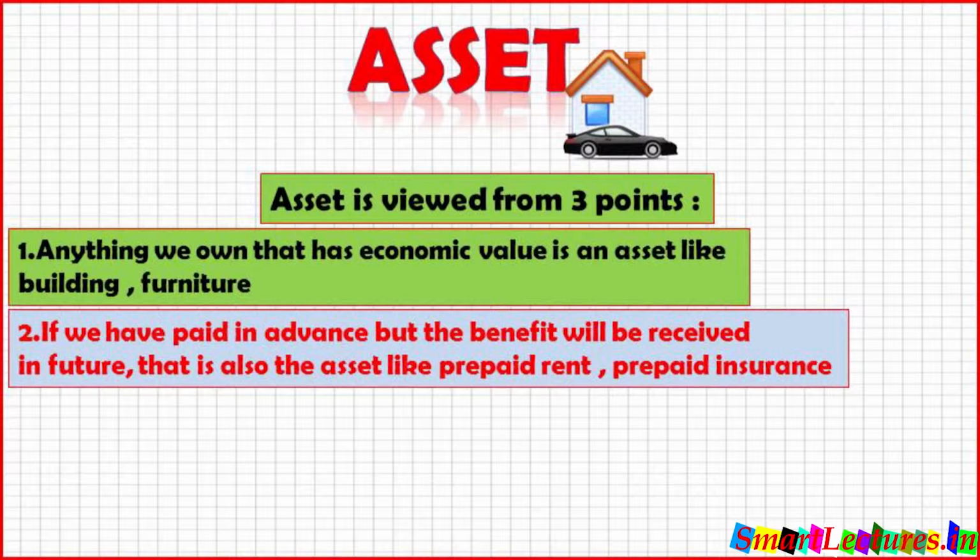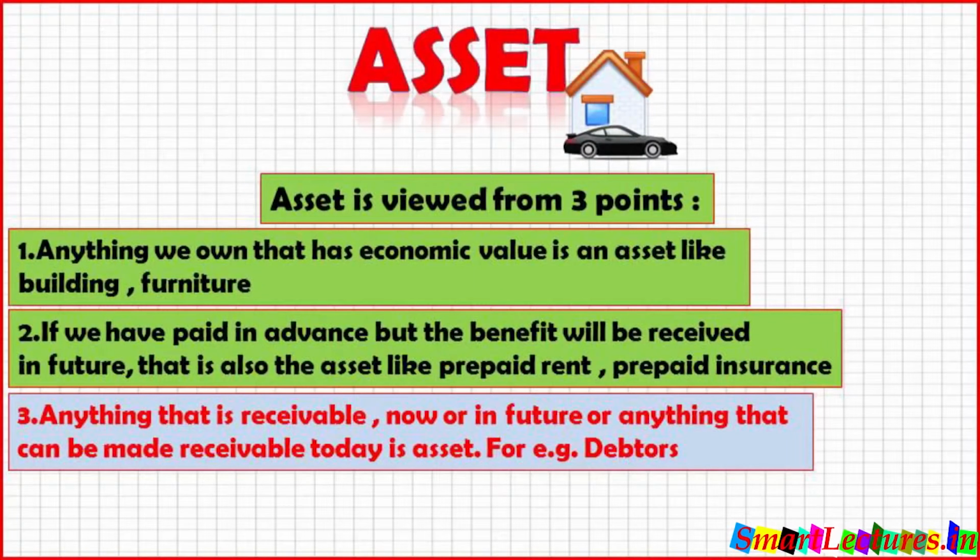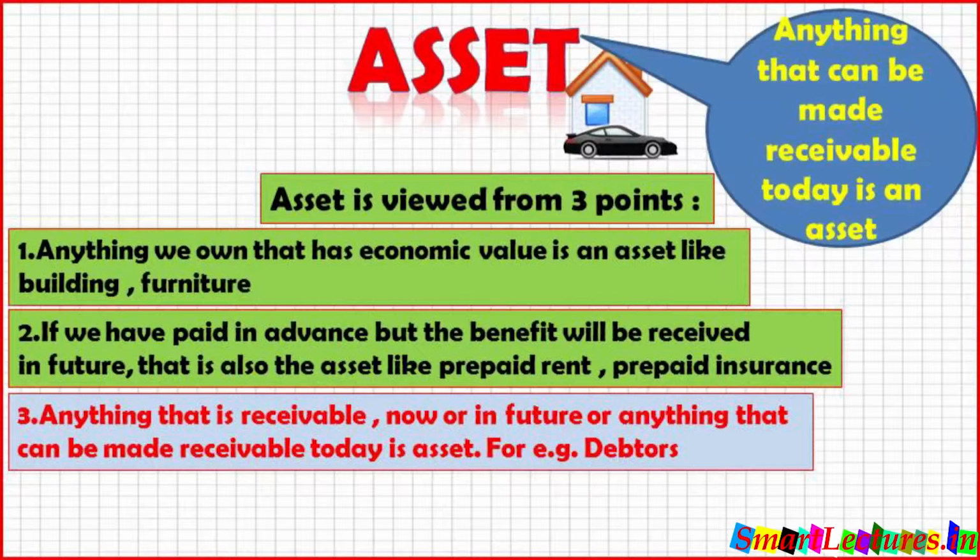And number three, anything that is receivable now or in future, or anything that can be made receivable today is an asset. For example, debtors. So let me explain again. Anything that can be made receivable today is our asset.